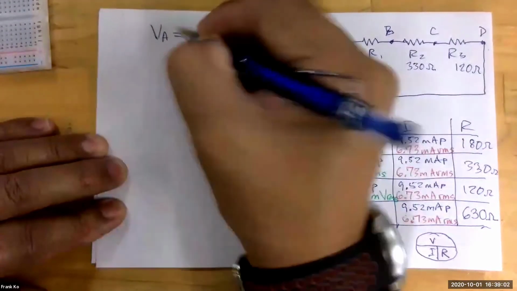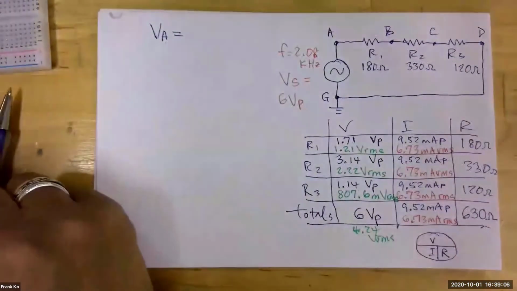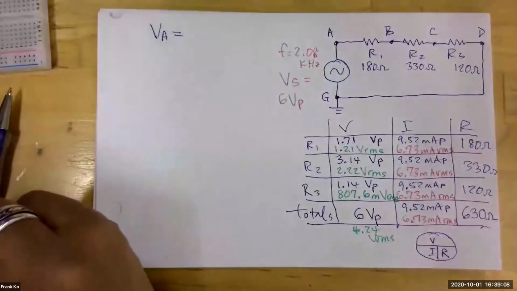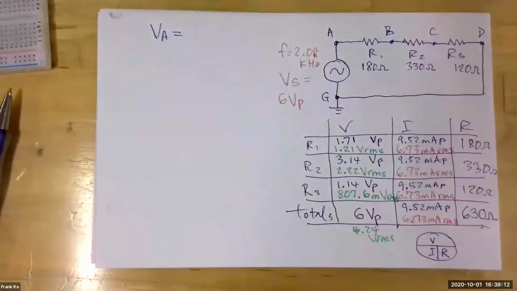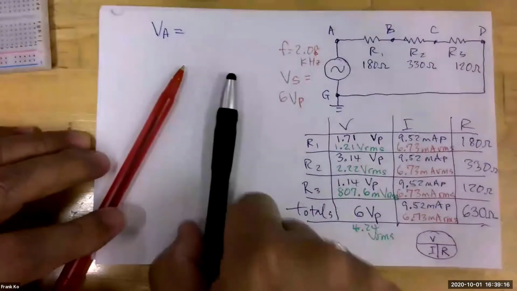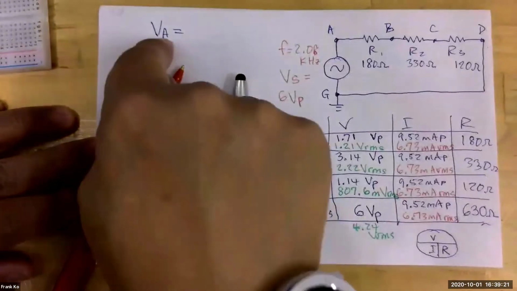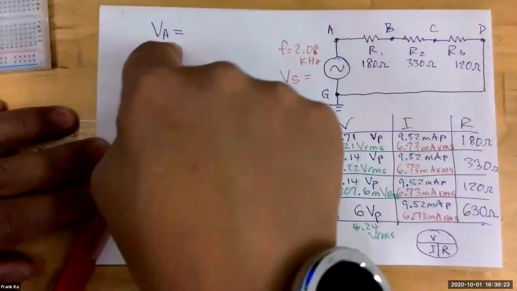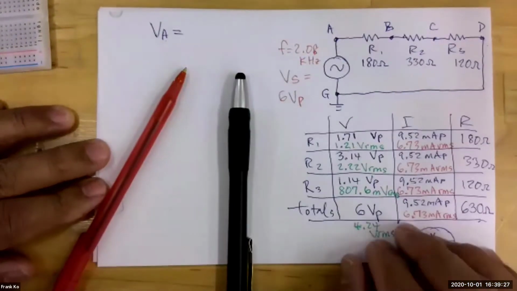VA, with a single letter subscript, means... I happen to have a red probe, so here would be my red probe, and I would have a black probe, and let's say here's my black probe. How do I connect these if I'm just given that singular letter of VA? How do I go ahead and do this?